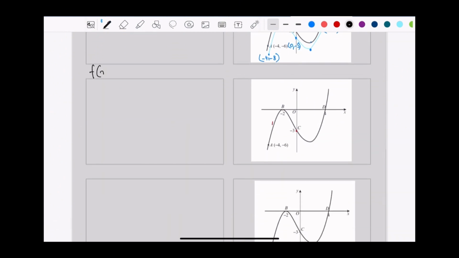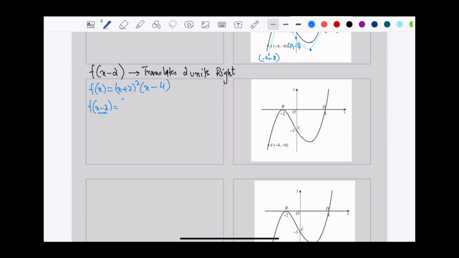So if I say f of x minus 2, so this curve moves and translates 2 units right, and f of x, which was initially x plus 2 whole squared times x minus 4, after the impact of x minus 2 in the bracket input.